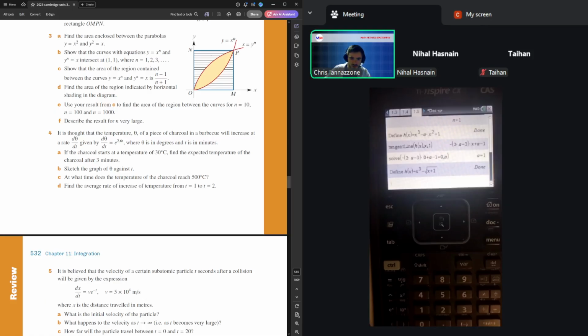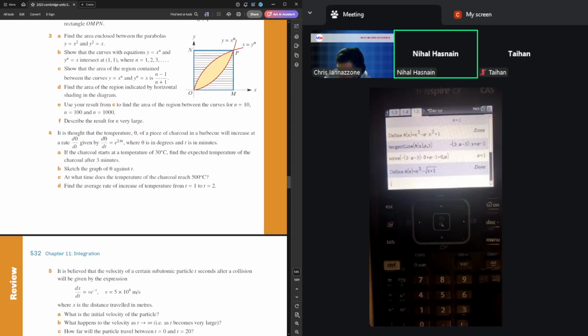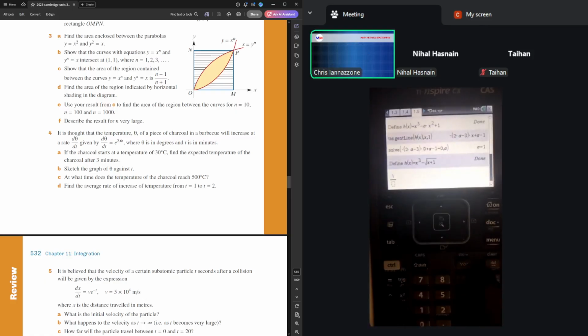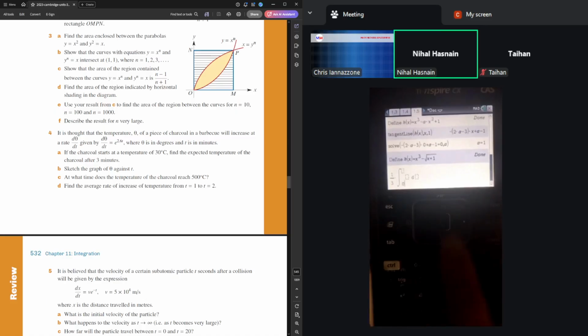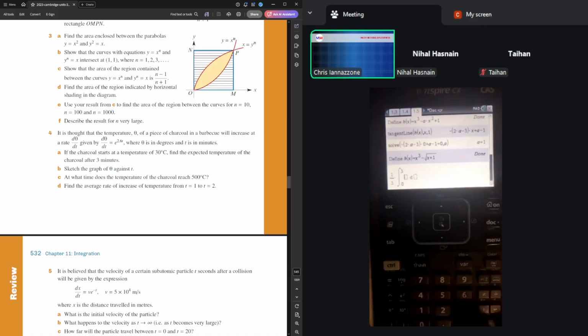Just find the average value. For some reason, my answer does not match any of the options. I got 187 over 36, and it's not there. What's the interval again? 0 to 3? Yeah, 0 to 3. So it's a third times the integral from 0 to 3.